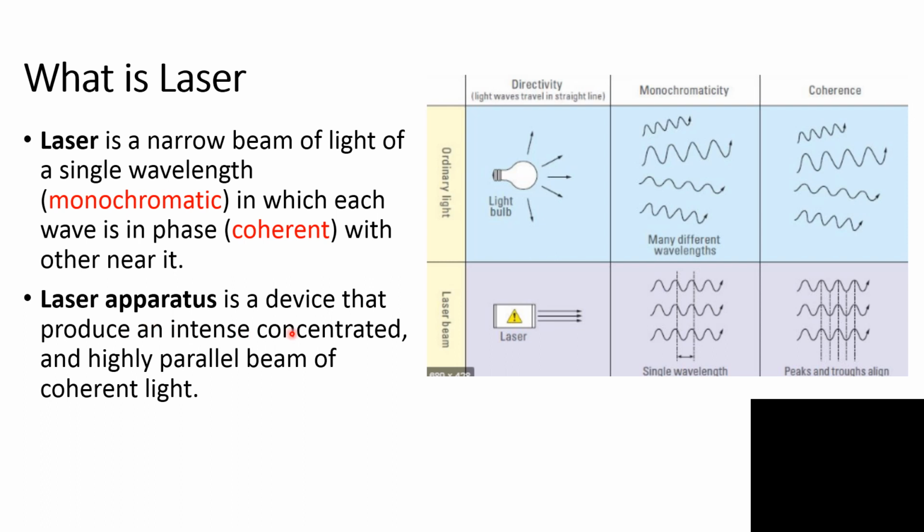Laser apparatus is a device that produces an intense, coherent, and highly parallel beam of light. So in this box we create a highly intense laser light. This box we call the laser device.